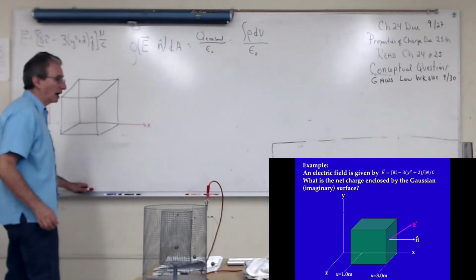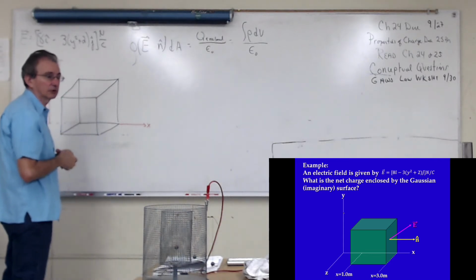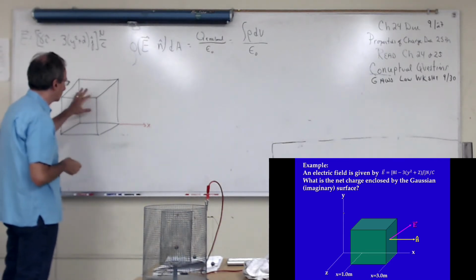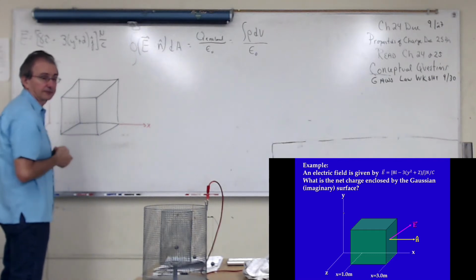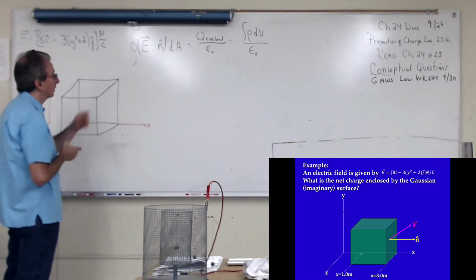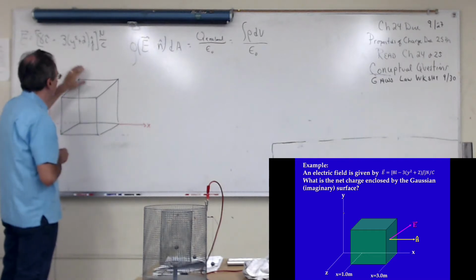So here's our box. This is just an imaginary box I drew. I want to determine the amount of charge that would be in this box if it were real. And I'm going to use Gauss's law to do this. I'm going to integrate this electric field over this box.